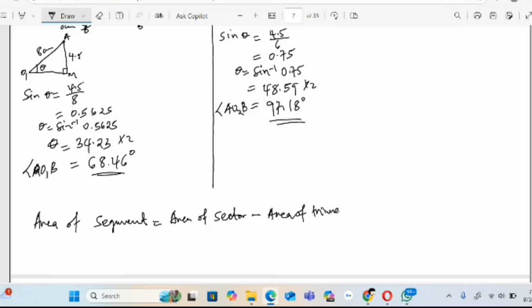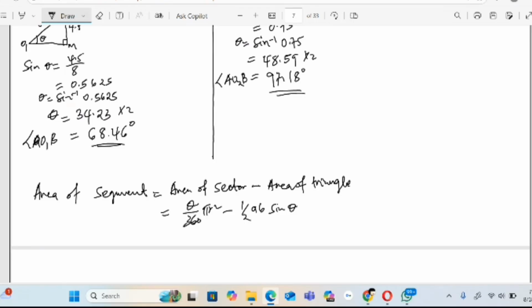We know the formulas. Area of the sector is theta over 360 pi r squared minus area of the triangle. We shall use a half AB sine theta.